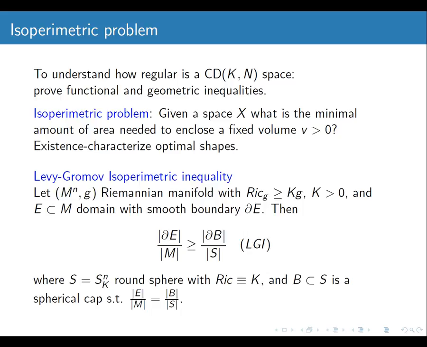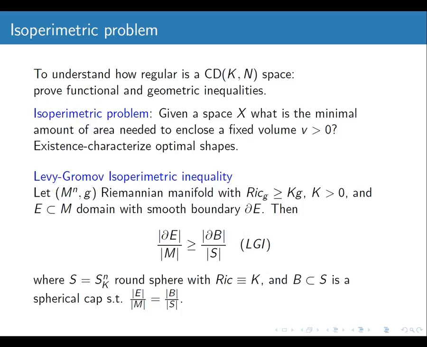B is a spherical cap in S, the sphere with constant curvature K and the same dimension as the Riemannian manifold that we are considering. And this inequality has to be understood when your volume is taken to be 1.